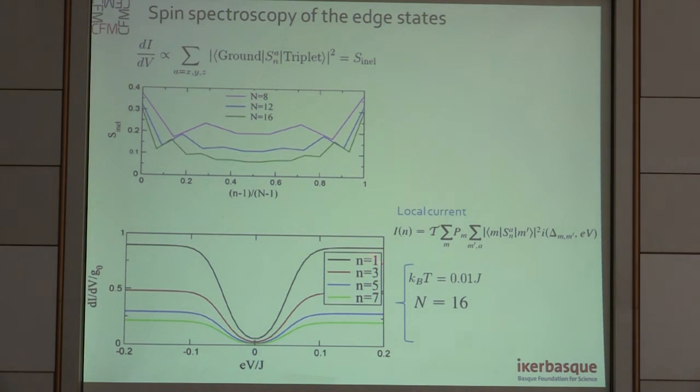That is, imagine that we look at the conductance, putting the tip on the first atom of the chain, and one finds this inelastic step. Then as we move toward the center of the chain, the height of this transition decreases, reflecting the edge character of the excitation.